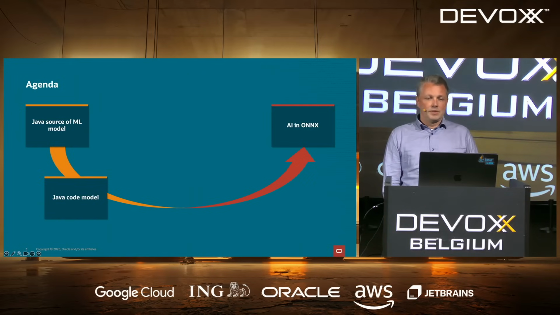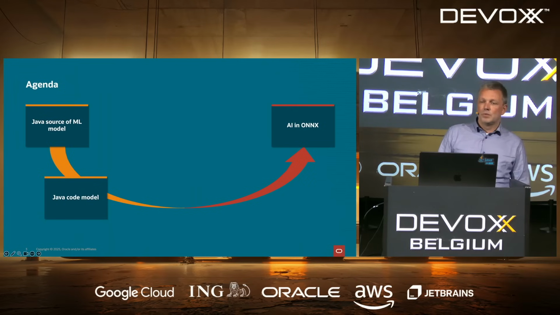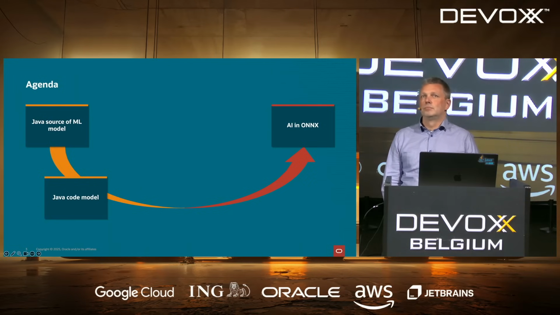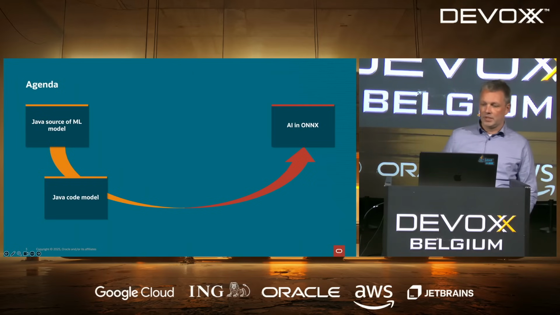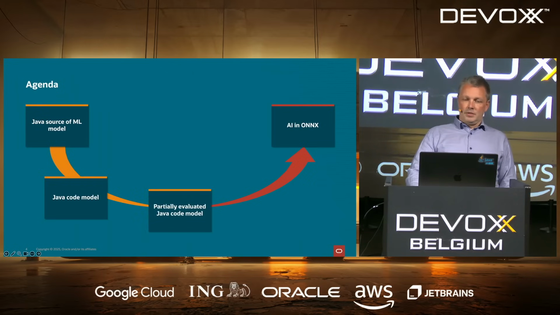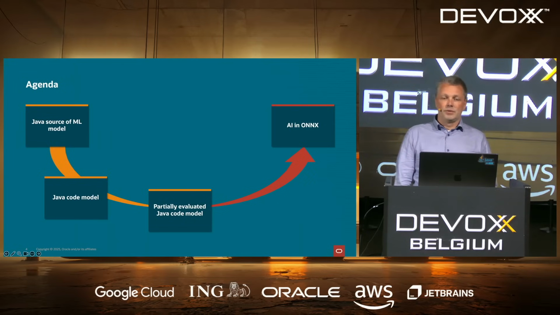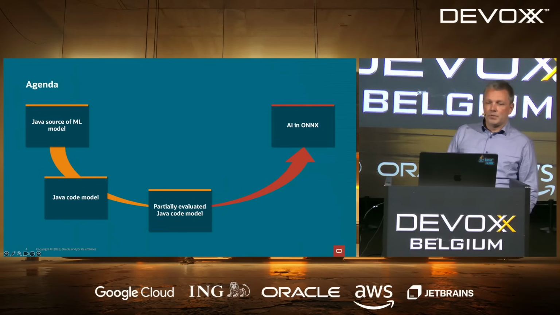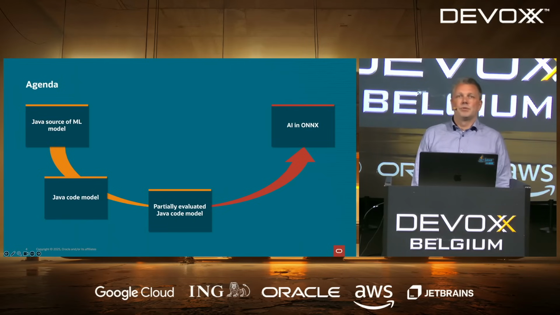So first, we'll look at the Java code model: how it works, how it looks, and what it represents, so you will become a bit more familiar with it. Then we will show what we can do with the model. We'll show it on the partial evaluation transformation, so we'll show the transformation of the model and how it is useful.